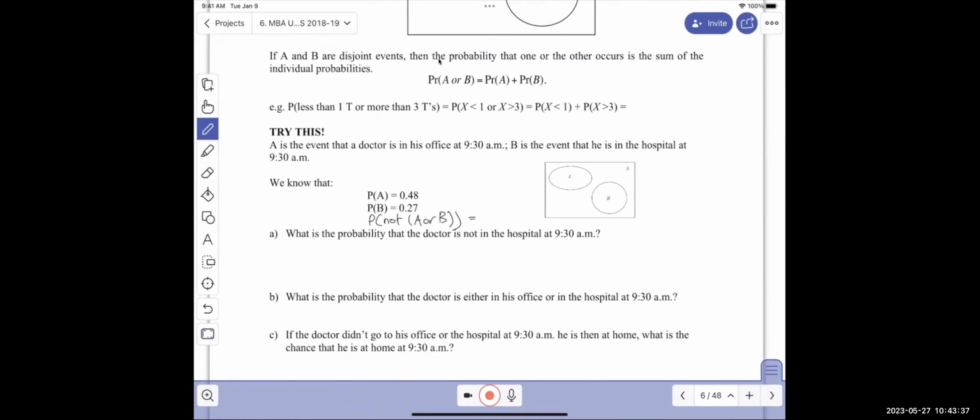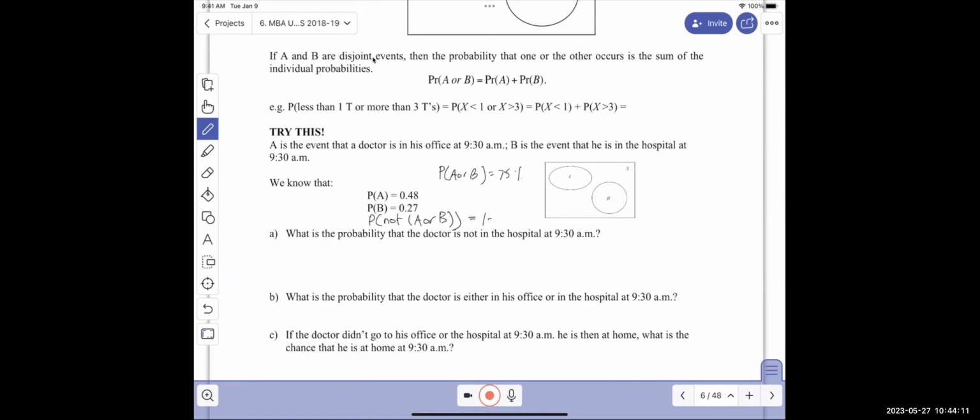so that begs the question, A or B would be the sum, right? So A or B is the sum, which is going to be 75%.